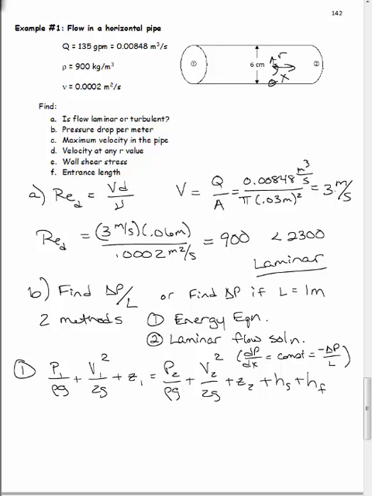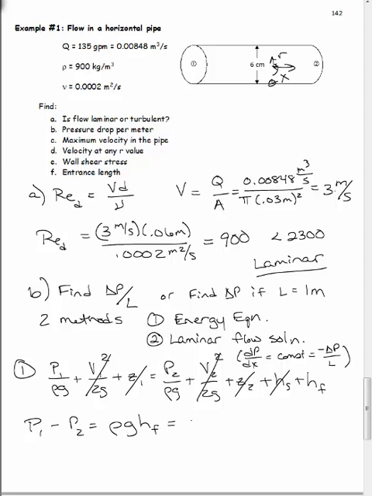Well, we got a horizontal pipe, so Z1 is going to equal Z2. Also, this pipe area isn't changing, so because of conservation of mass, that means V1 has to also be V2. So that cancels out. No pump or turbine between 1 and 2, so that cancels out. So all we're left with here is P1 minus P2 equals rho g HF.